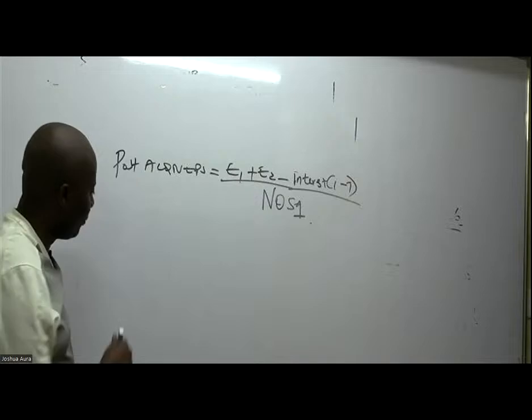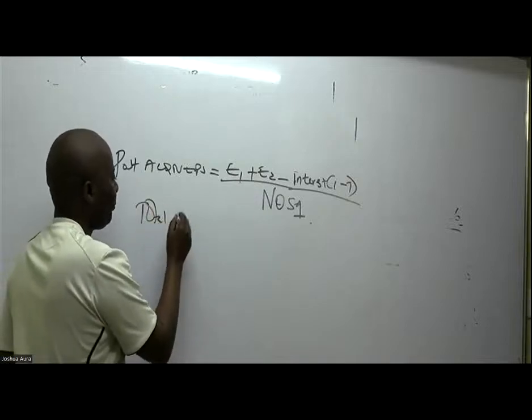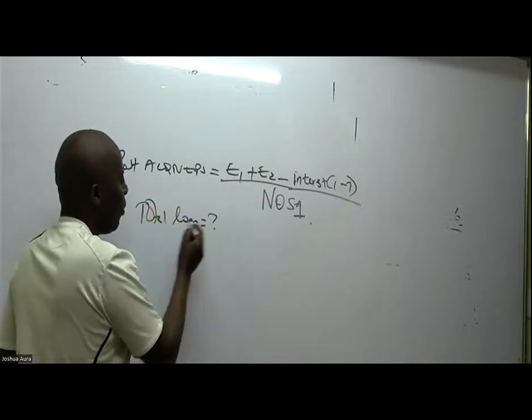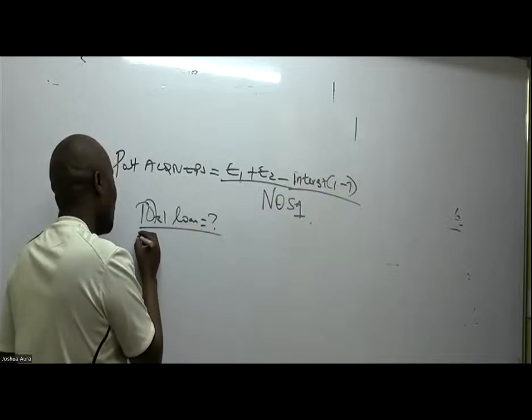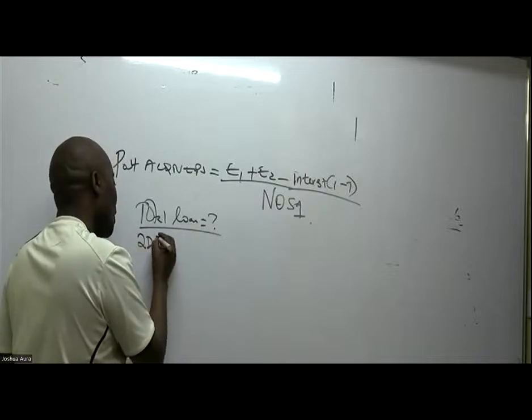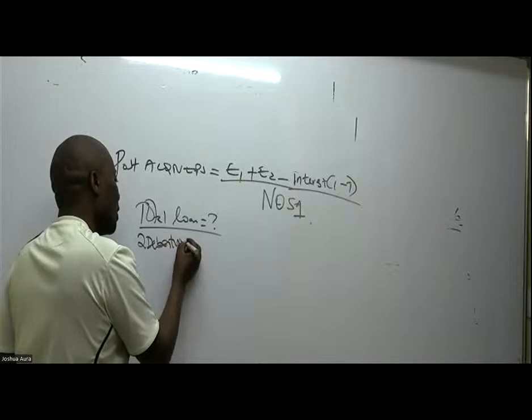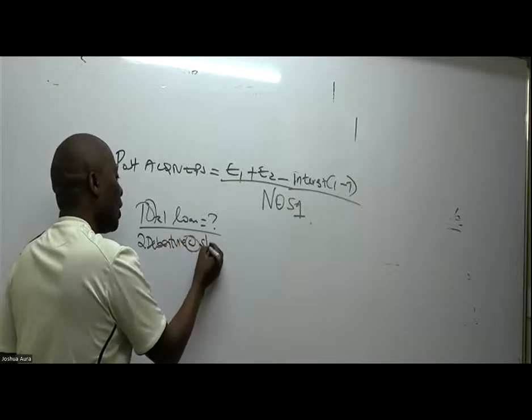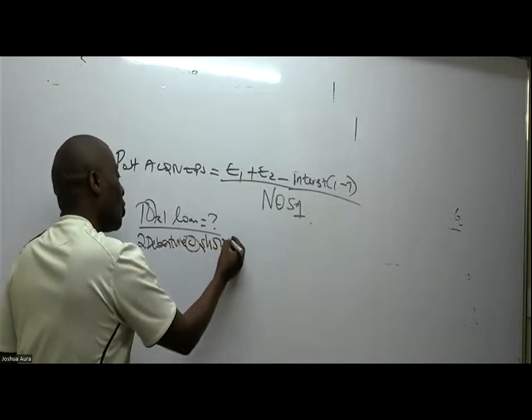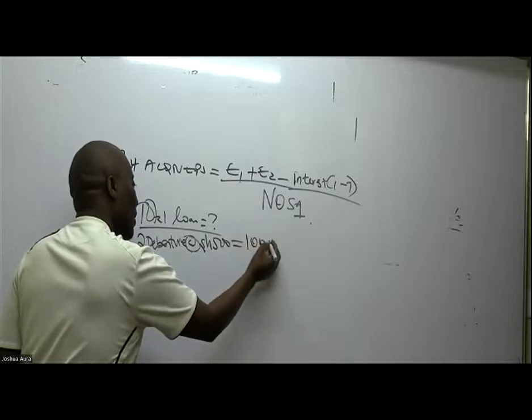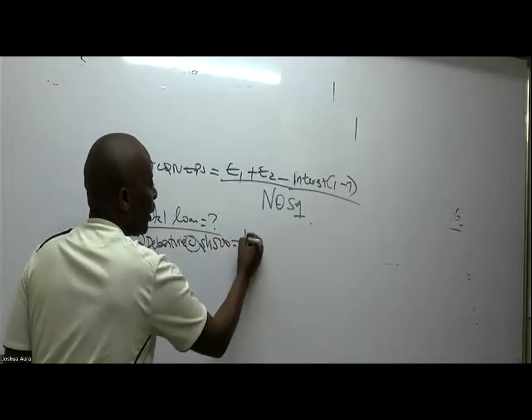From there, the total loan will be how much? We are giving them 2 debentures whose par value is shillings 500, so this is akin to giving them Kenya shillings 1,000.